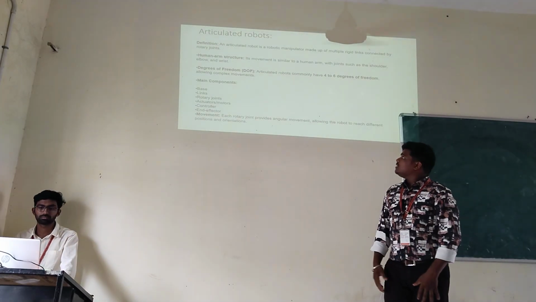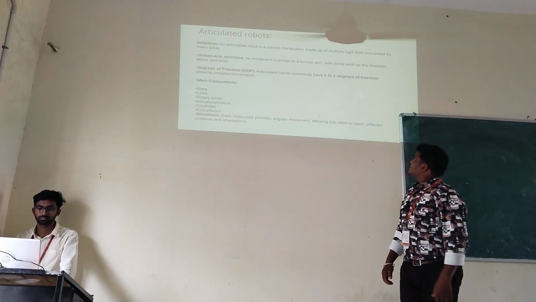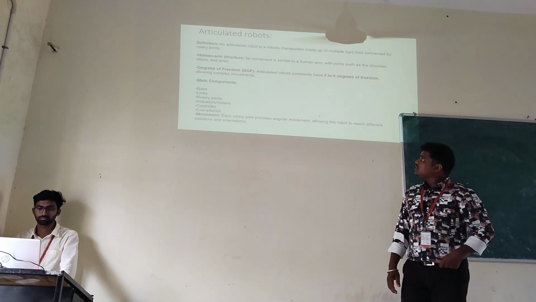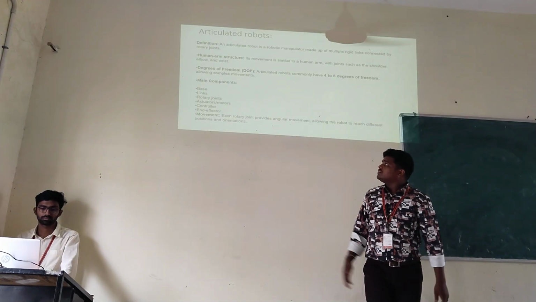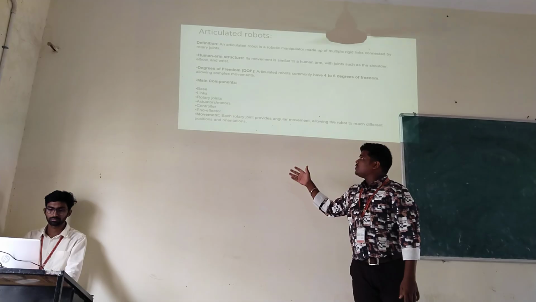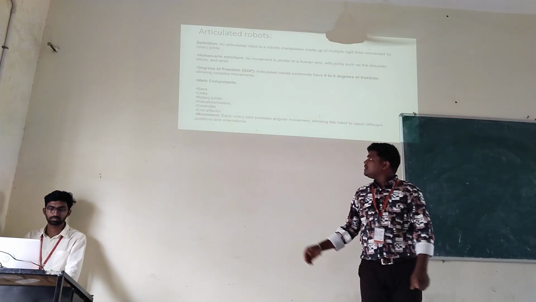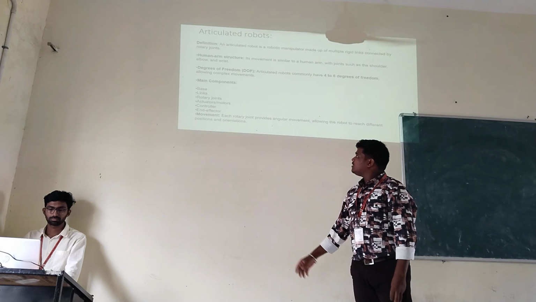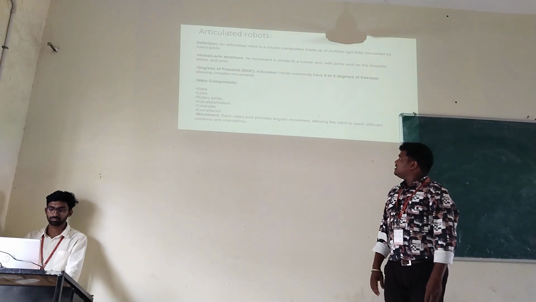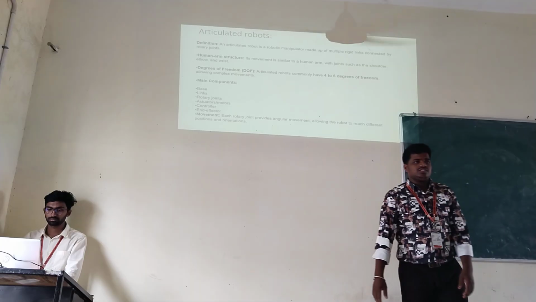Degrees of freedom: articulated robots commonly have 4 to 6 degrees of freedom. These are the main components of articulated robots: base and links, rotary joints, actuators or motors, controllers, and end effectors. Each rotary joint provides angular movement, allowing the robot to reach different positions and orientations.